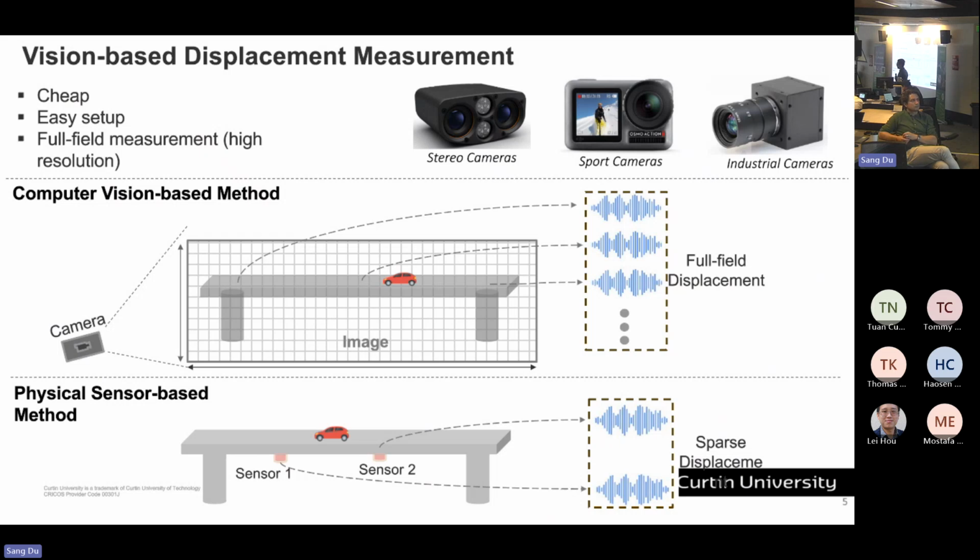Traditionally, we also develop vision and AI techniques for structural health monitoring. Recently, we use cameras to measure structure displacement. We analyze the images, identify the key features from those images, and track those key features to get the displacement. There are some advantages to vision-based methods.